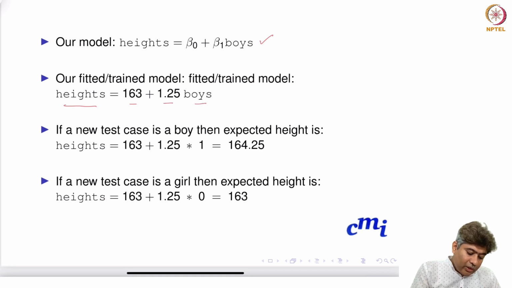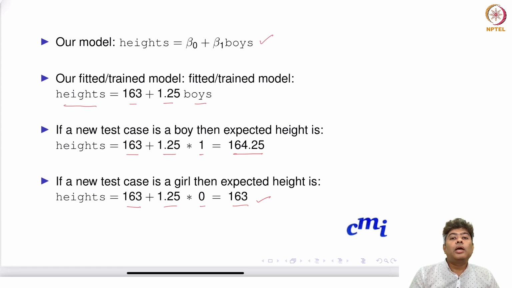If a new test point is a boy, then expected height is 163 plus 1.25 times 1, which gives 164.25. If a new test case is a girl, then expected height is 163 plus 1.25 times 0, which is 163. That's how we can handle the dummy variable, or the categorical variable.